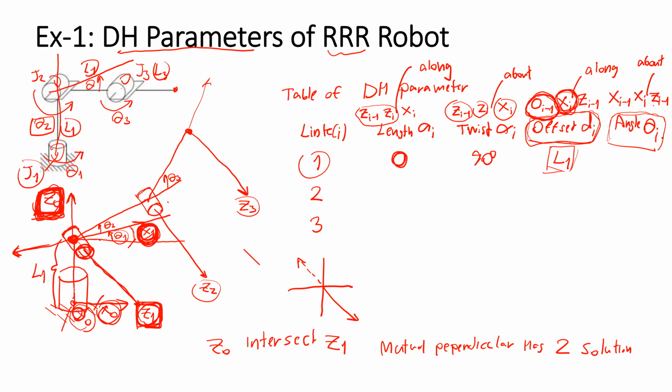The joint angle of the first link is the angle between X0 and X1, measured about Z0. X0 is this direction, X1 is this direction. About Z0, about this. That angle is theta1, and theta1 is the joint angle. We can change the value by the actuator.